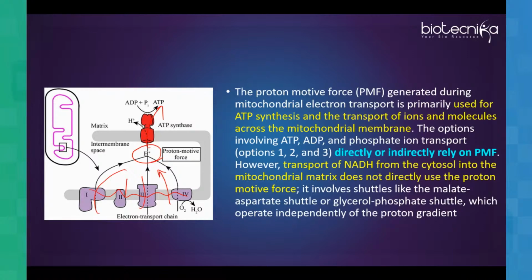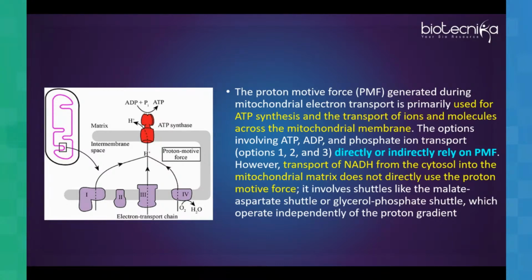So proton motive force is used for ATP synthesis and for transport of ions and molecules across the mitochondrial membrane. The options involving ATP, ADP, and phosphate ion transport directly rely on PMF, because once ATP is produced, it has to go outside.